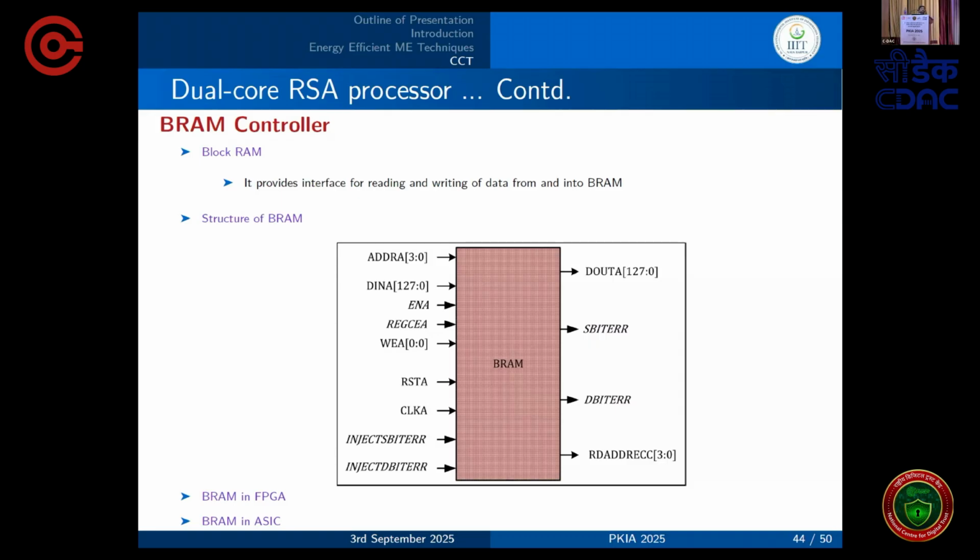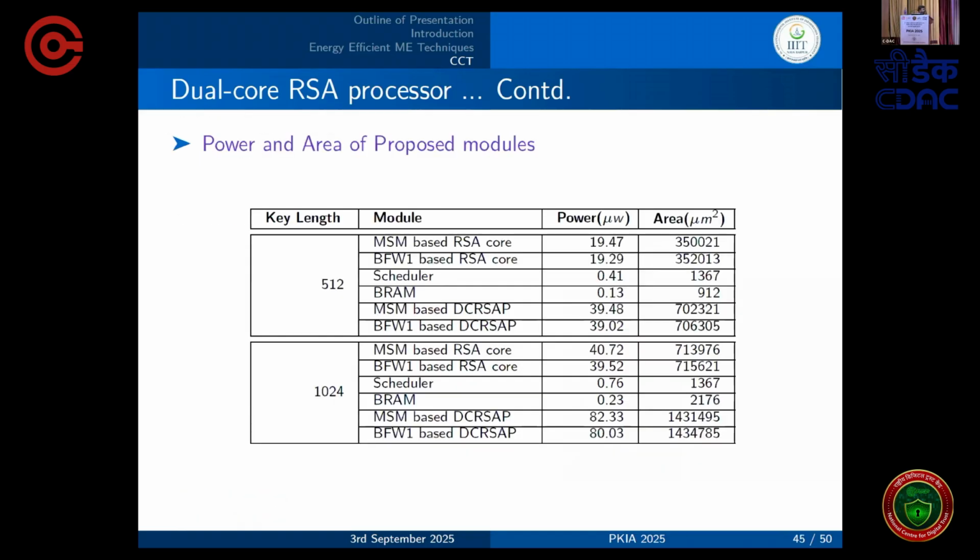This is not a feature of our proposed technique. It is a feature of hardware design only. After implementing the same cryptography techniques with the help of multi-core architectures, the throughput is almost doubled. The power consumption is also doubled, because with 2 cores you are performing 2 operations, so the power consumption increases proportionally, but throughput is doubled.